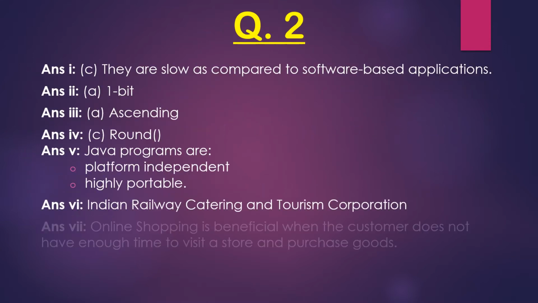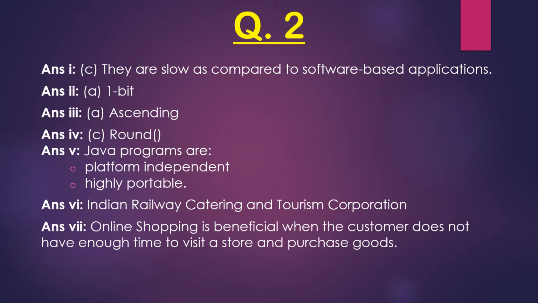Now coming to question 2, which has 7 parts. First of all, talking about MCQs. Here in the MCQs, you can see that whichever MCQ I have answered, I have given the option as well as the option number. Why so?